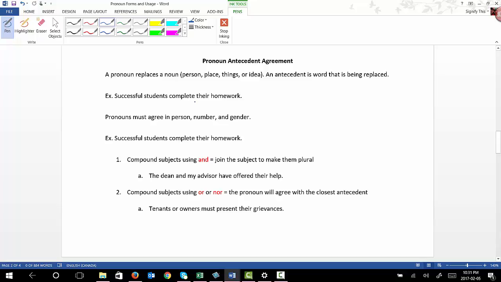We have the pronoun their, and their is referring to students. So this is the antecedent, and this is the pronoun.